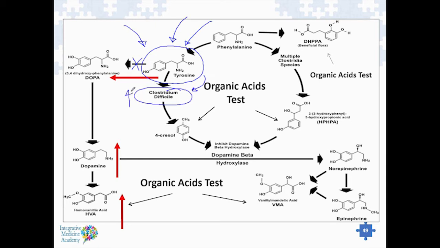Not only are the colonies of Clostridia going to go up, but 4-cresol is going to go up, and the inhibition of dopamine beta hydroxylase is going to go up, which is going to cause our dopamine levels to rise, which is going to cause our HVA levels to rise as well.